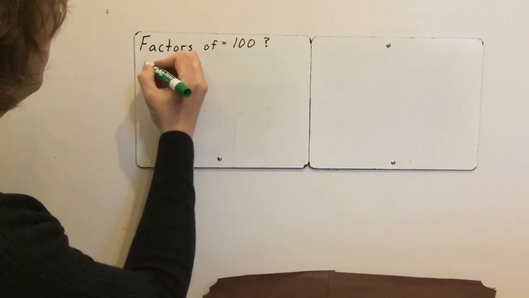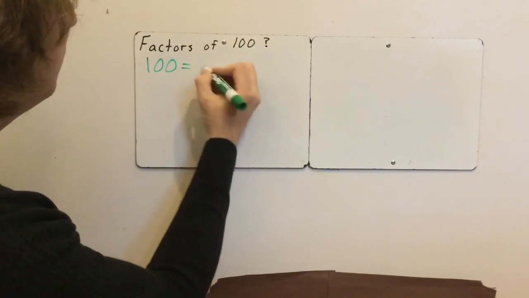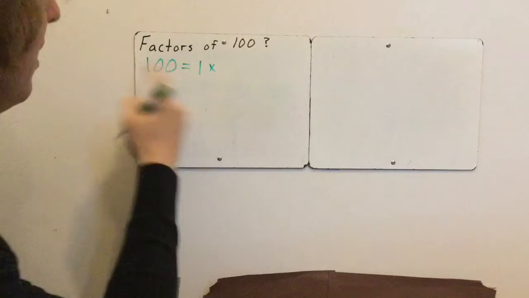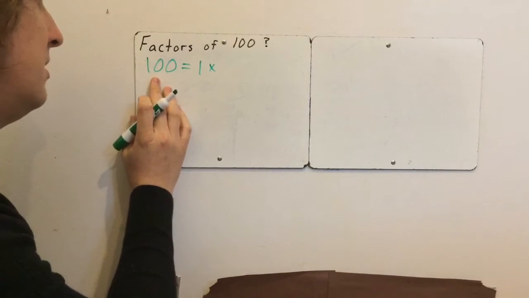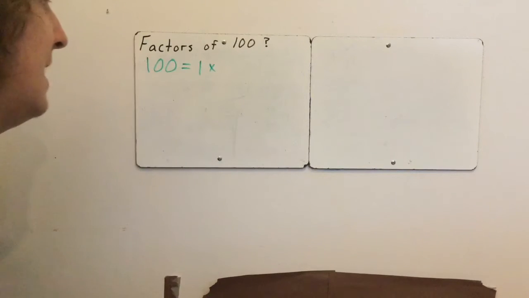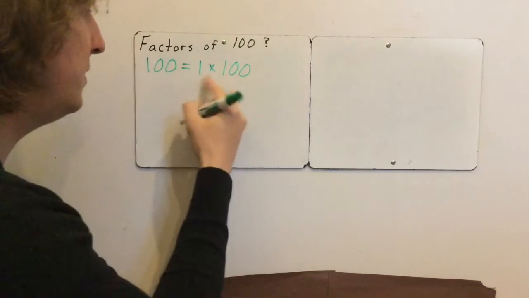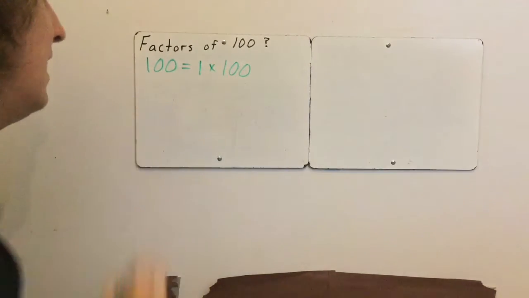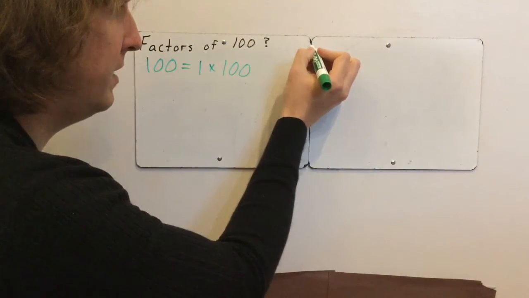Think of number 1 times something will give us 100. Well, we know 1 times any number is that number. So if 1 times 100 gives us 100, we know that these two are, in fact, factors of 100. So I'm going to list those over here.